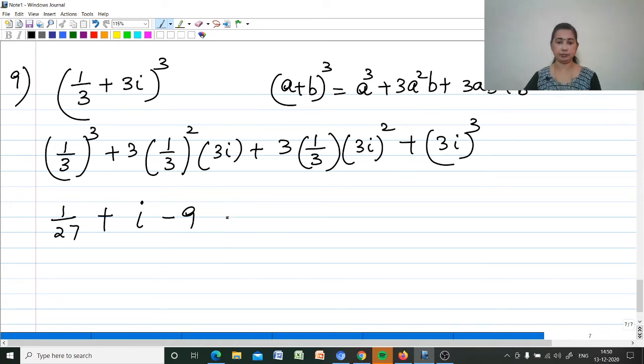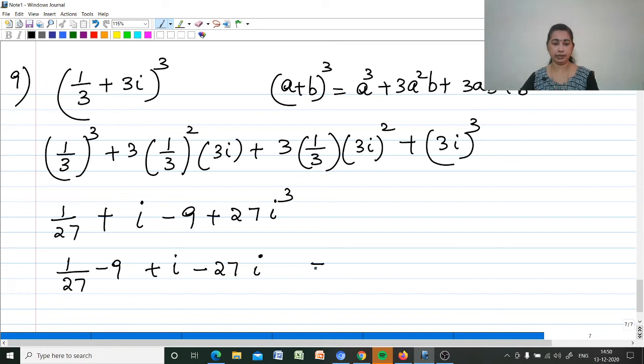Then the last term 3^3 is 27 into i^3. So the real part means 1/27 − 9, plus i, then the last term, i^3 means i^2 into i, that is −1, so −27i, and that is equal to 1/27 − 9.